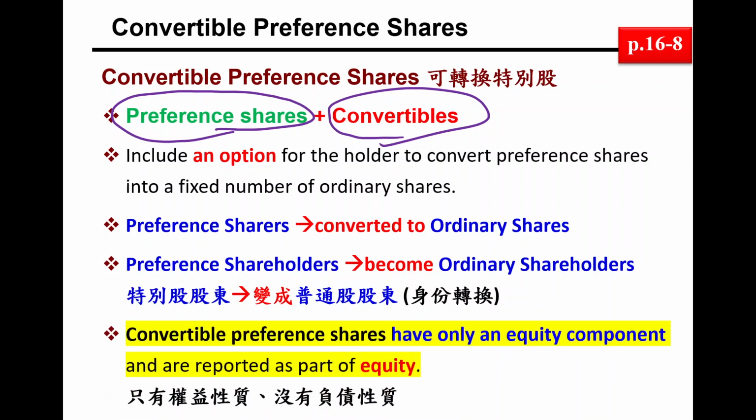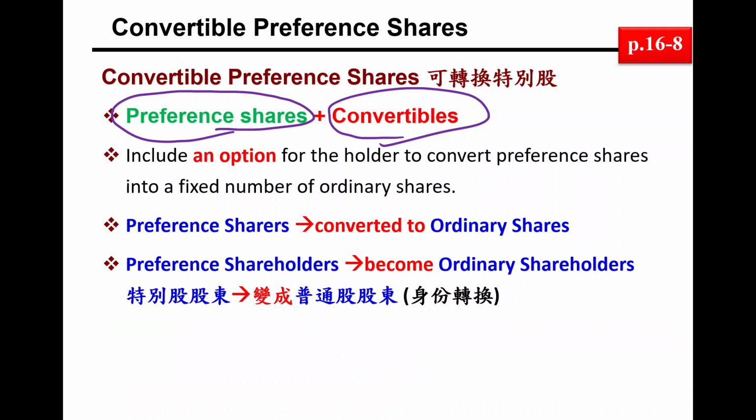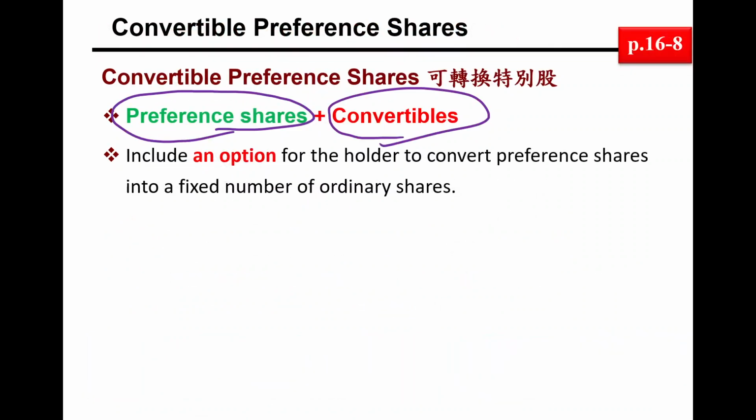But one thing a little bit different: when we talk about the CB, CB is what? Bonds plus convertibles, liability plus equity, right? But here, preference shareholders we put into where? Equity. So this one is equity plus equity.